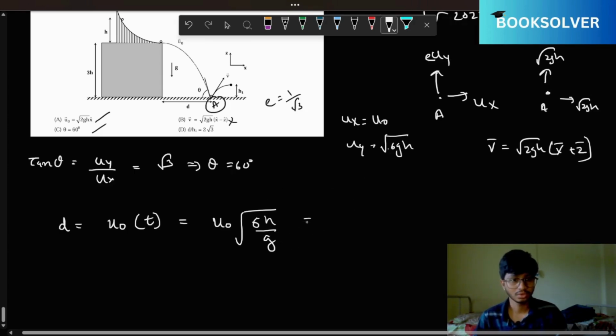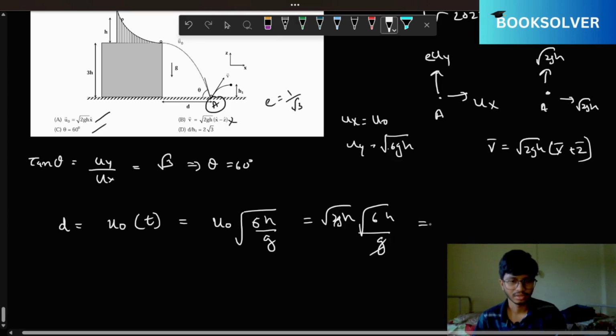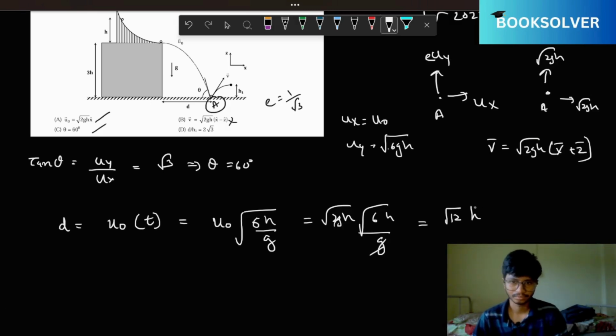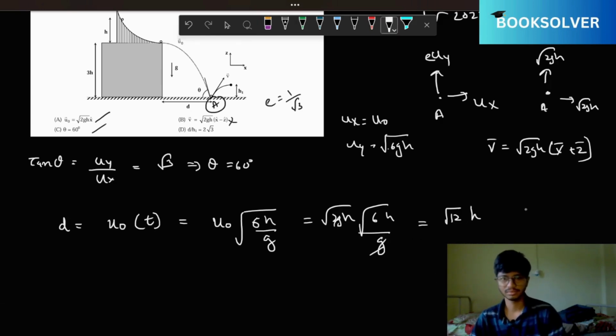The g gets cancelled, and we get root 12 times h. Is the time of flight correct? Half gt square is equal to 3h, 6h by g, yes, that is correct. So we get 12h as d.